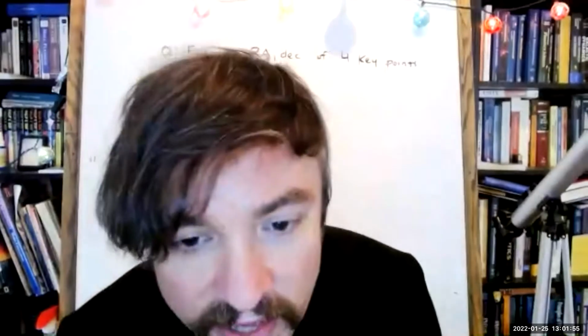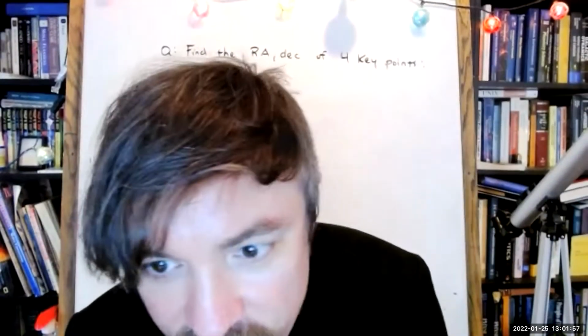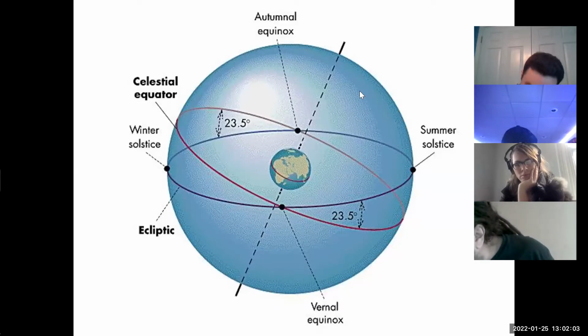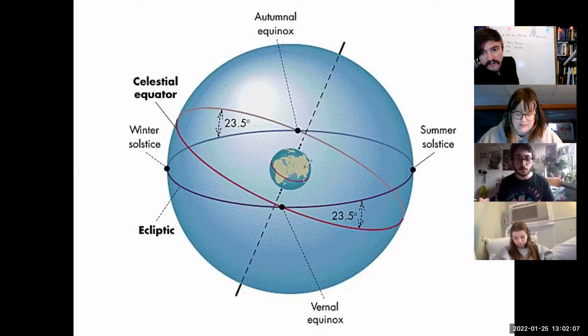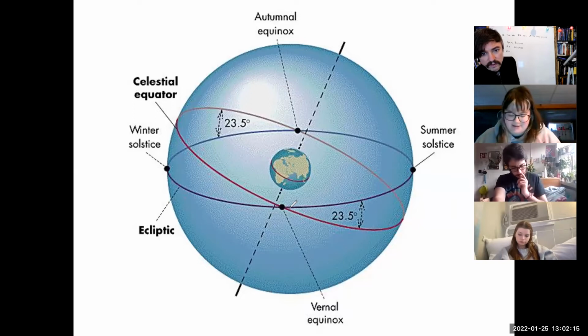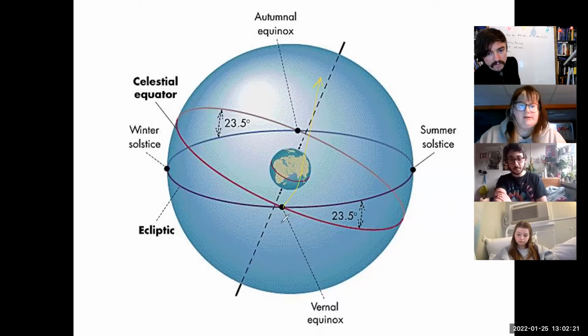Okay, anyone want to try the declination based on the definition? Someone read me that definition, please. Just regurgitate that right off the page. Declination is the degrees positive or negative from the celestial equator.